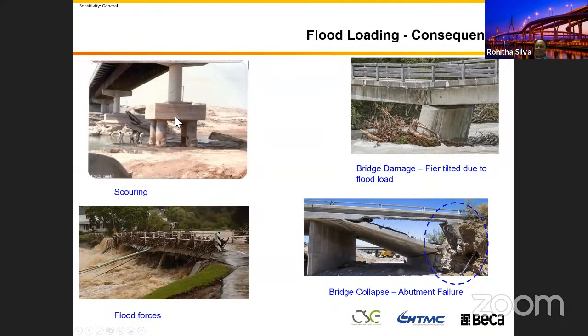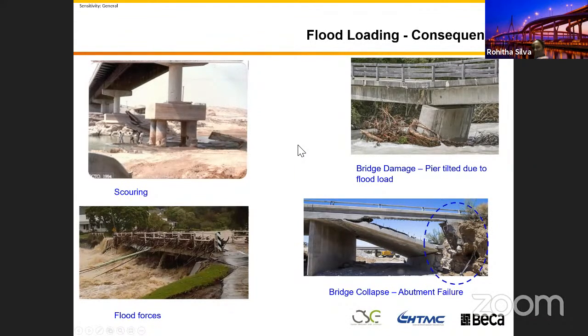And on the bottom right-hand corner, the solution is very easy: you don't have to do anything, you have to go back and build a new bridge after the flood. So that's the impact of the flood.